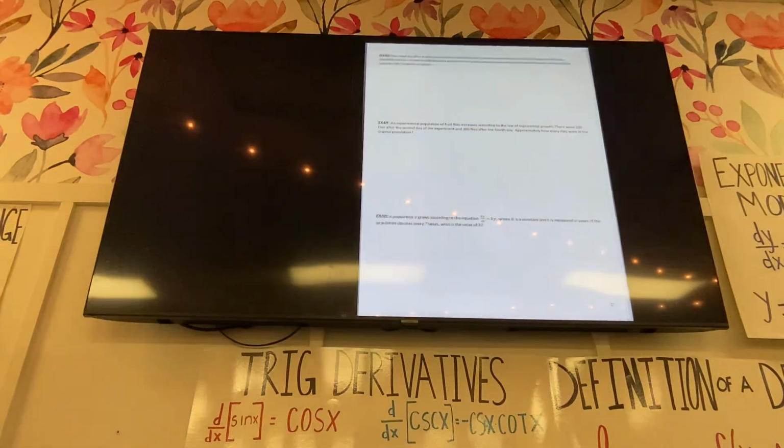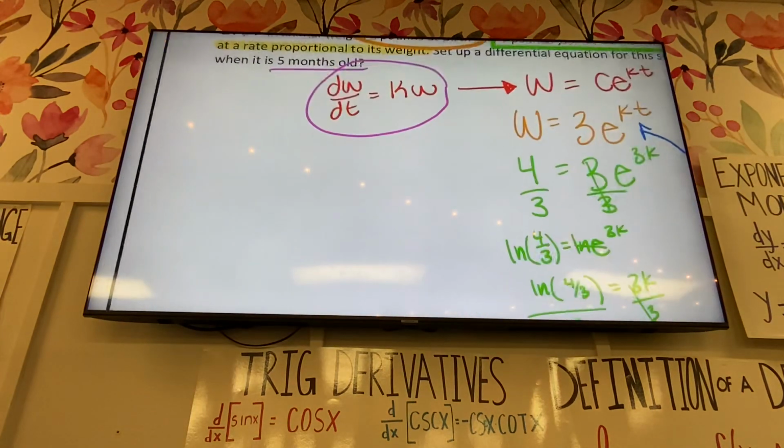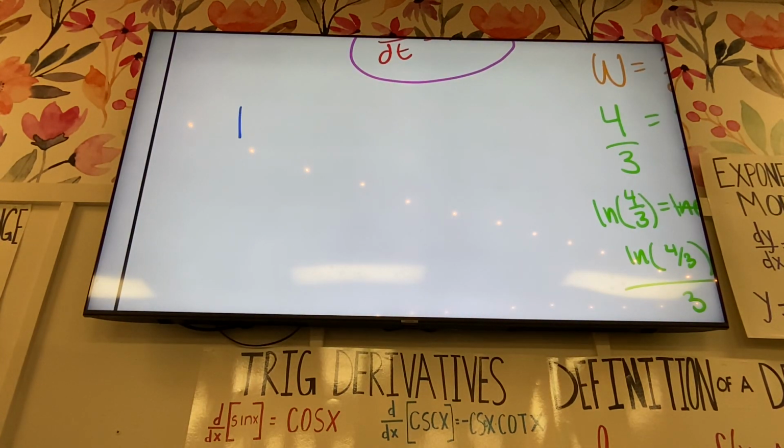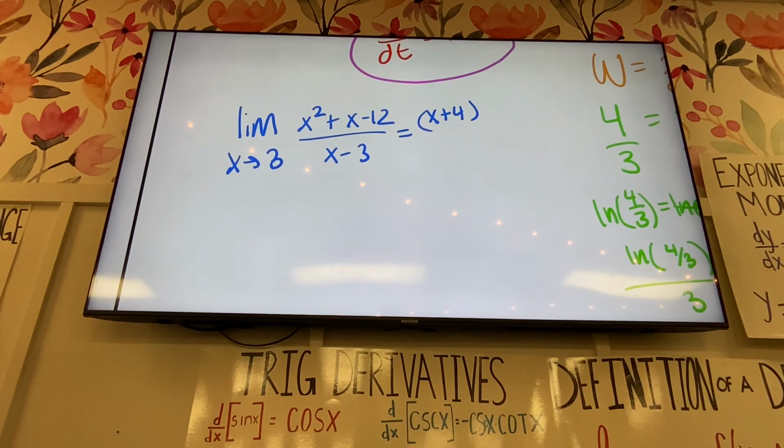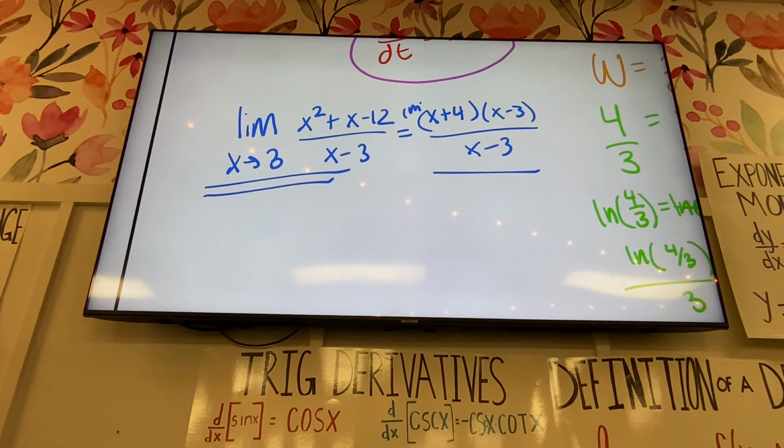And that's why you just have to be careful with your equal signs, because if you remember how I said you have to write the limit every time. And if you wrote this equals x plus 4, because you would, if you factored, right? That's not true. This doesn't equal this. This equals the limit as x approaches 3. You know what I'm saying?